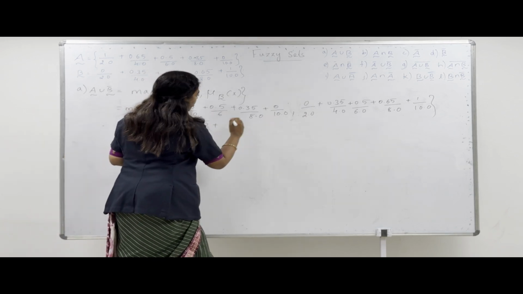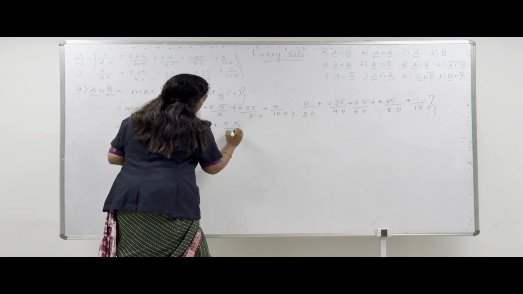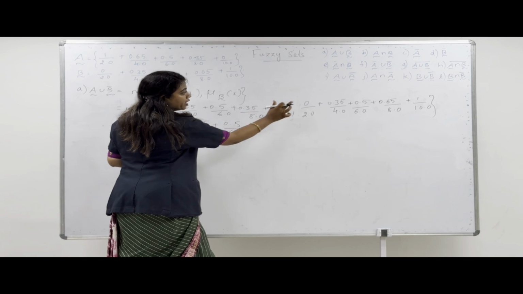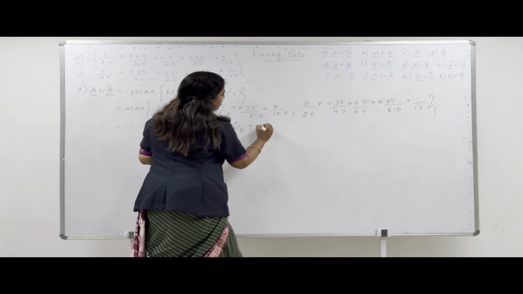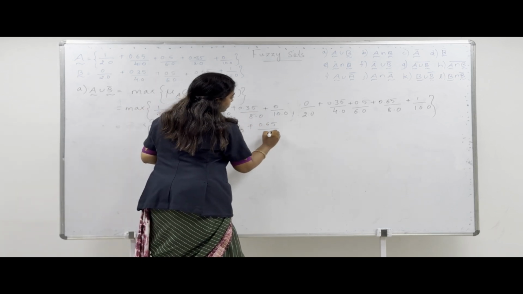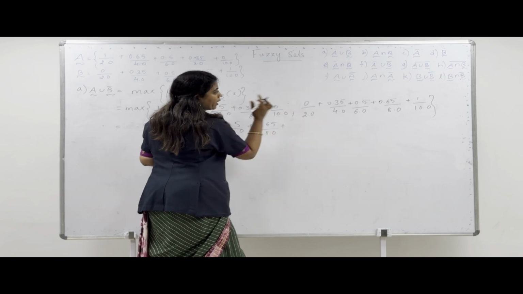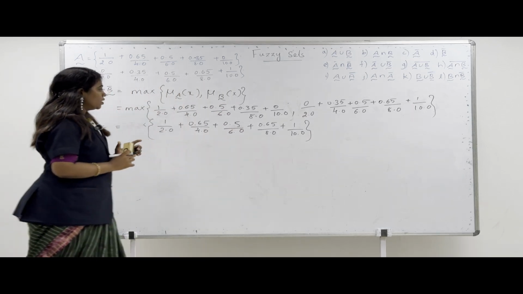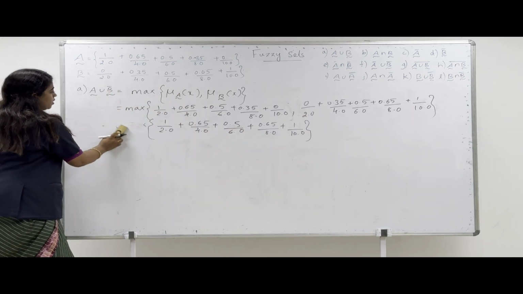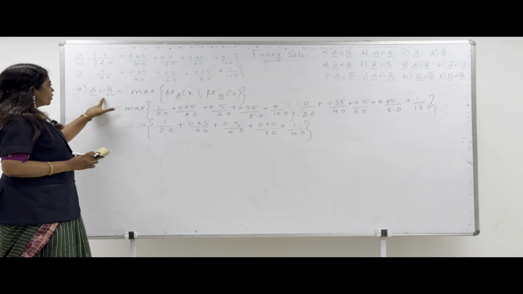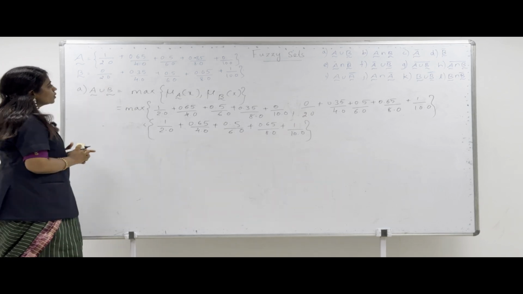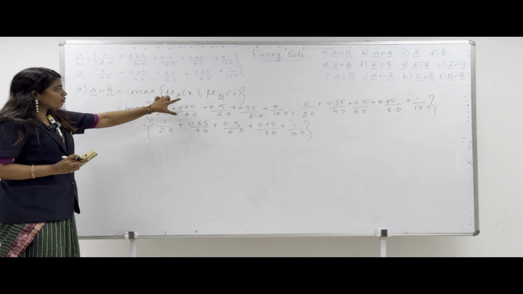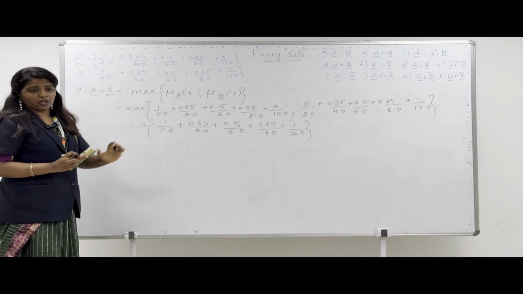Then 0.5 and 0.5, both are similar. Then 0.35 and 0.65, again 0.65 is the maximum, and 0 and 1, so 1 is maximum. So, this is how you have to find A union B. The formula is max of membership A of x comma membership B of x.